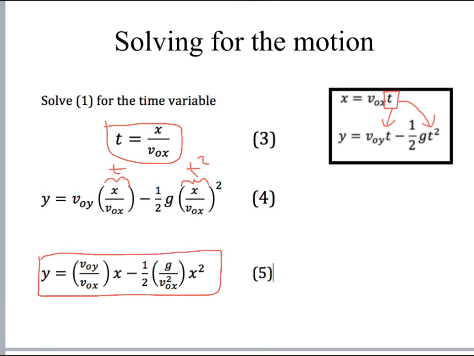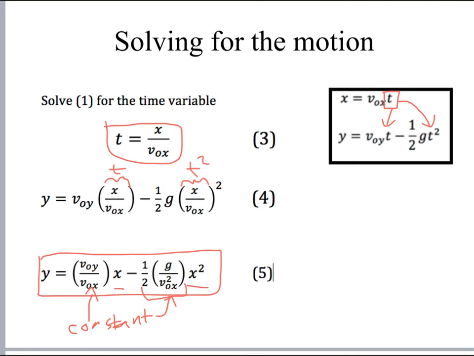And now I have a y value written not as a function of time, but as a function of x. And look at that form. It's y is equal to v naught y over v naught x. That's a constant. And also this guy here is also a constant. So both of those guys are constants. So y is equal to some constant times x minus some constant times x squared.